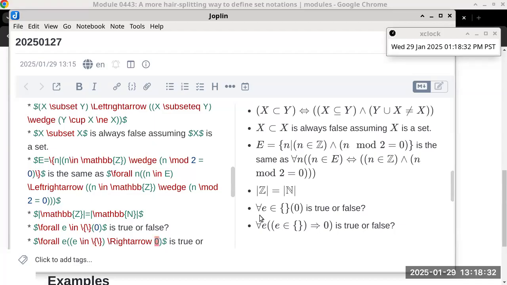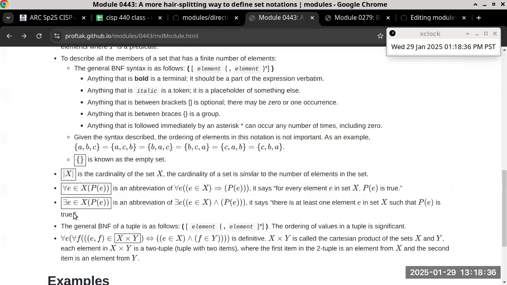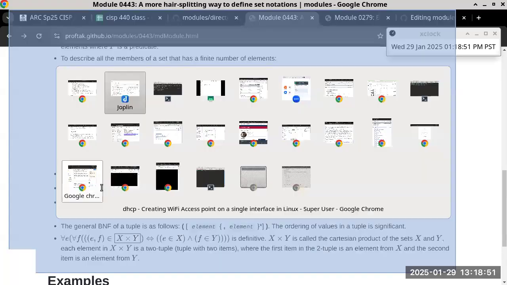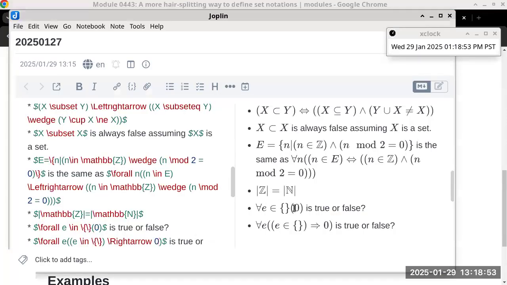This is an example that is in the format of this. We're changing P of E to just false. P of E is a placeholder for a Boolean expression. In the example, that Boolean expression just turns out to be the constant false. I don't even care what E is.